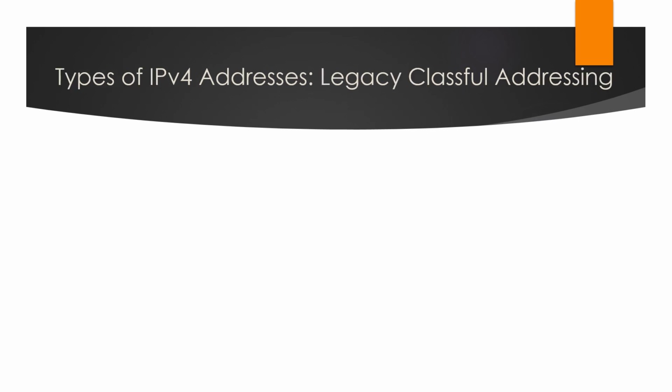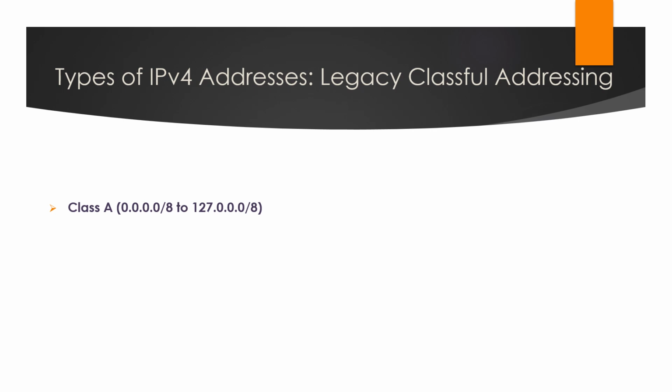IPv4 addresses were assigned using classful addressing, and the customers were allocated a network address based on one of three classes. We have class A with the range of the IP addresses as it is shown in the slide, and this class is designed to support extremely large networks with more than 16 million host addresses. Class A used a fixed /8 prefix with the first octet to indicate the network address and the remaining 3 octets for host addresses.